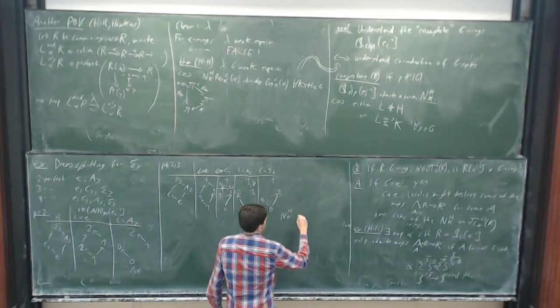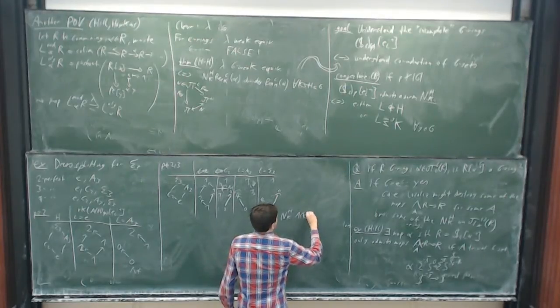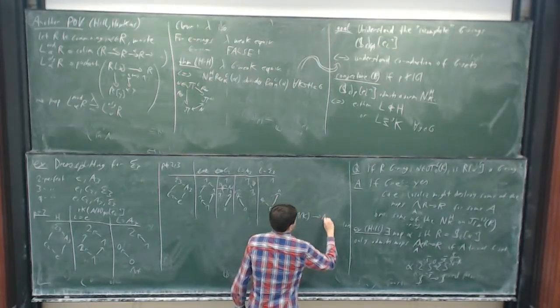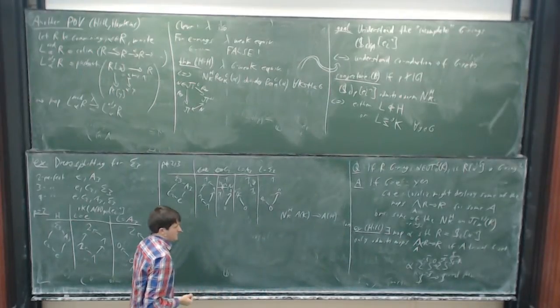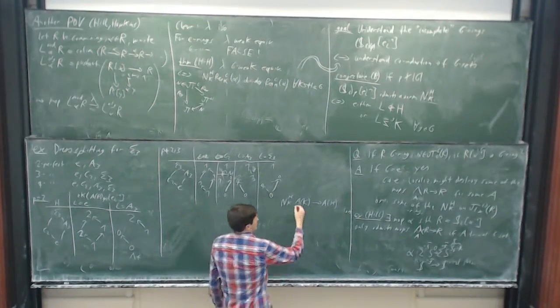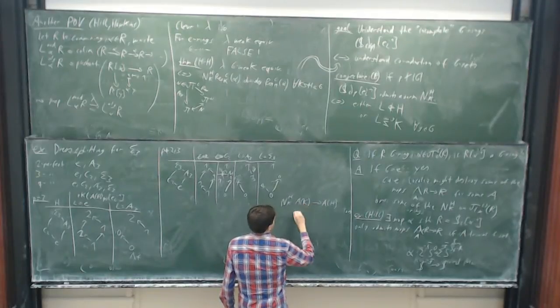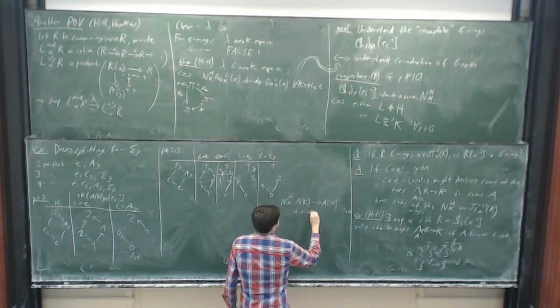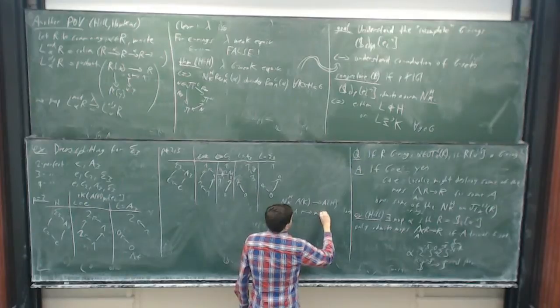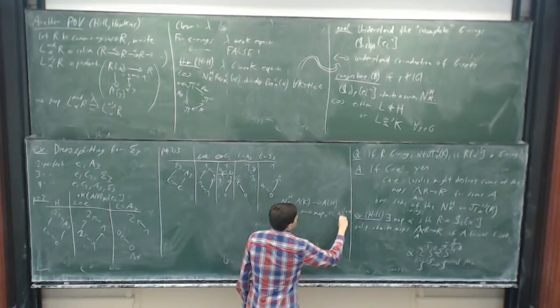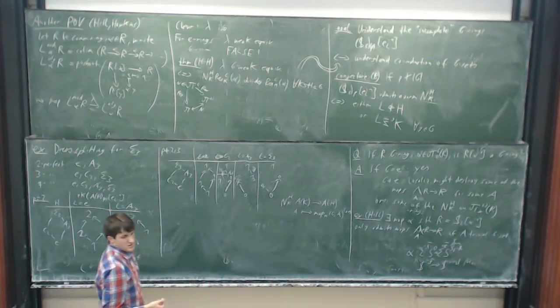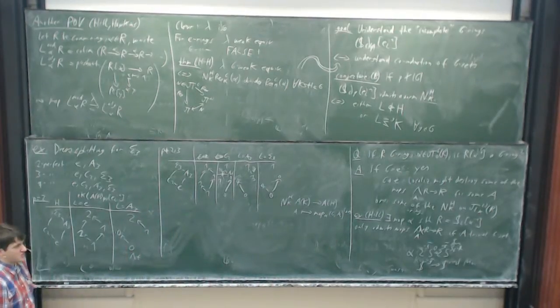Let's not localize anything. So we have a map that goes up from a smaller group K to a bigger group H. And it's defined on K sets by sending a K set A to what people often call the co-induction. We take H equivariant maps from H to A. This is a right adjoint to the restriction functor.